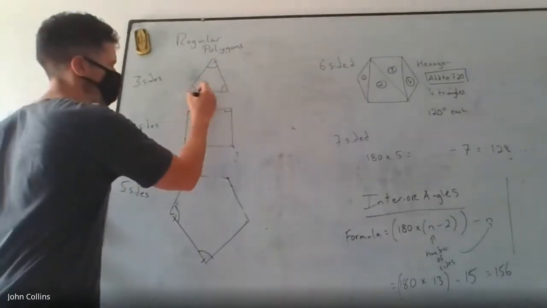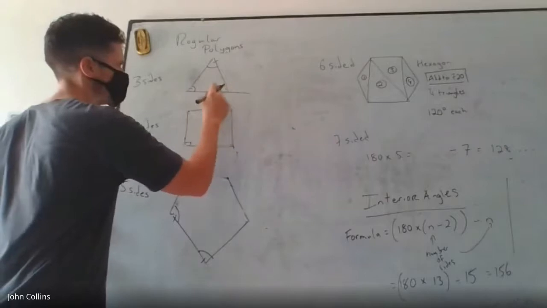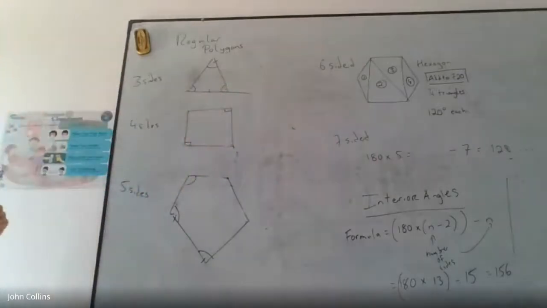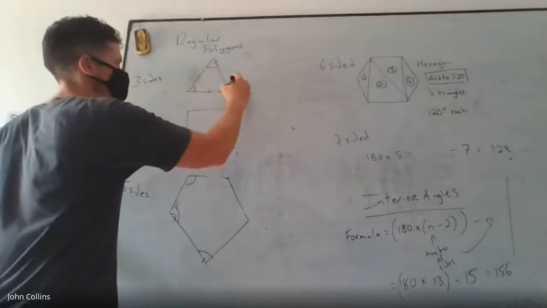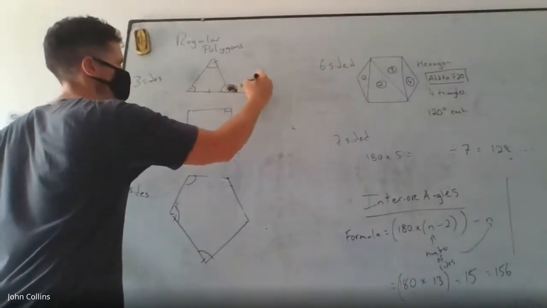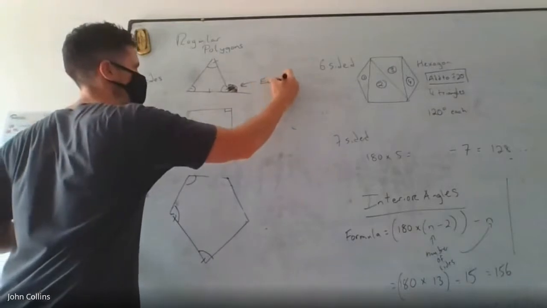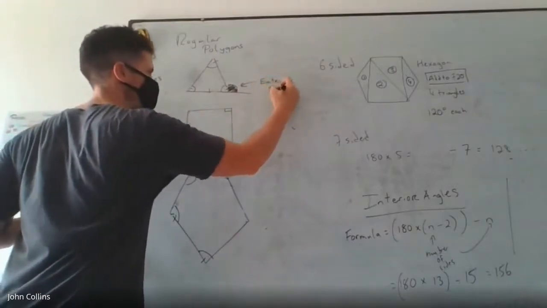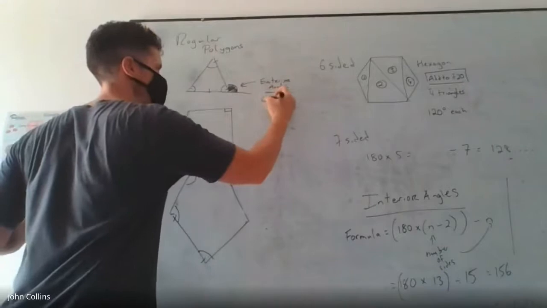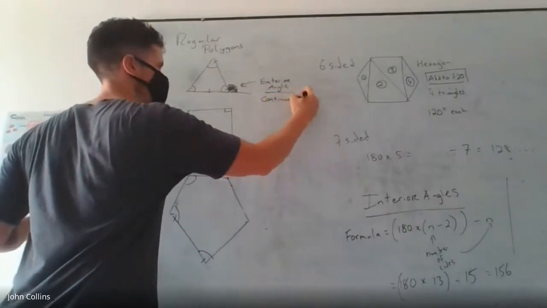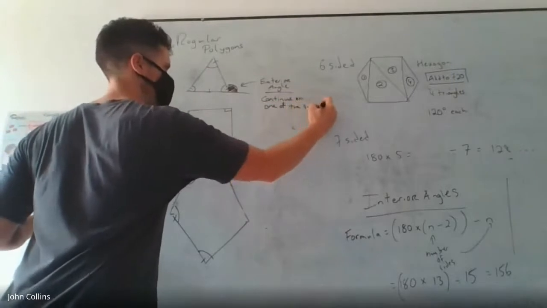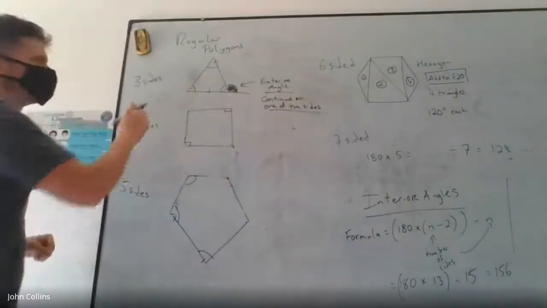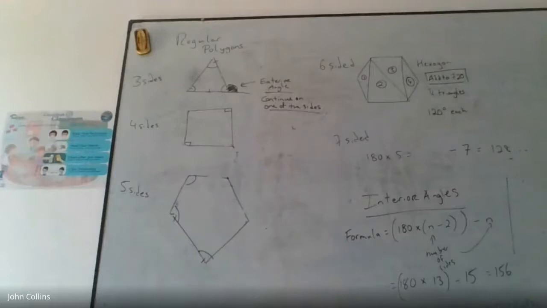So if it's continued on like this, then this thing here is an exterior angle. It'll be the same for all of them. Once you know one, you know them all.